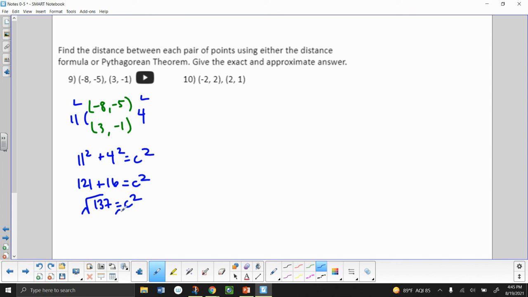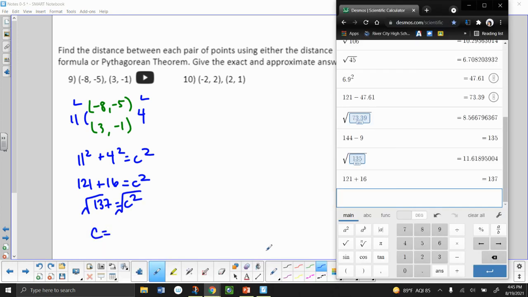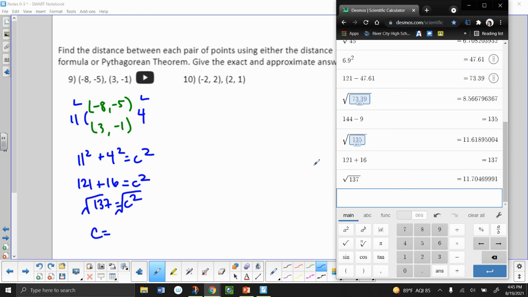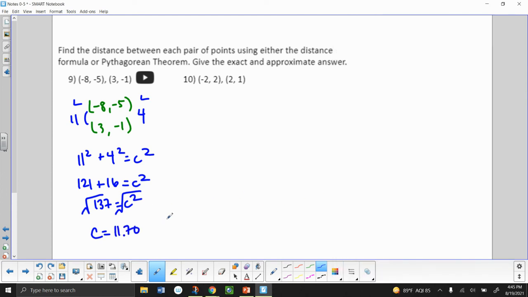And then square root both sides. We get 11 point. So this one we're going to leave as 70 because the next number is 4. Oops, that's my approximate answer. And then my exact answer is square root of 137.